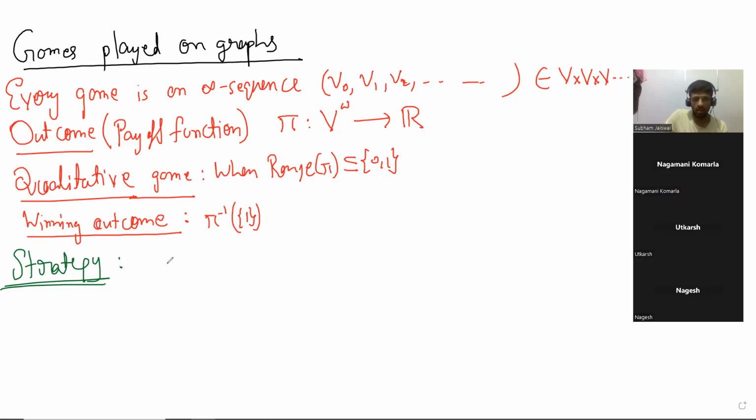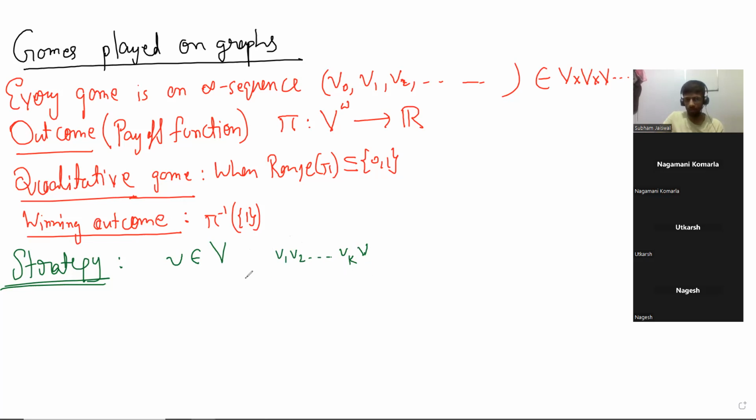Let us say that you are at the vertex v in V. And now you look at what are all the moves that have been played so far in the game. Let us say that is small v1, small v2 till small vk so far, and also then you are at v.